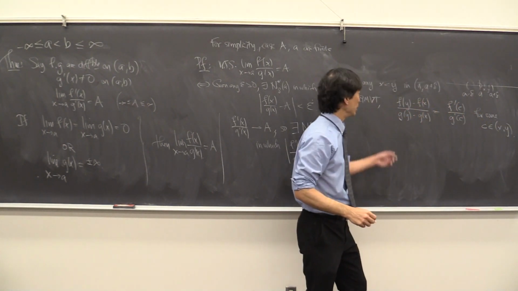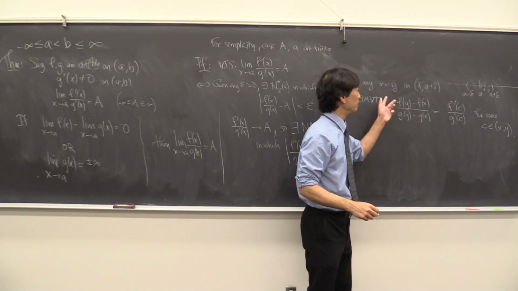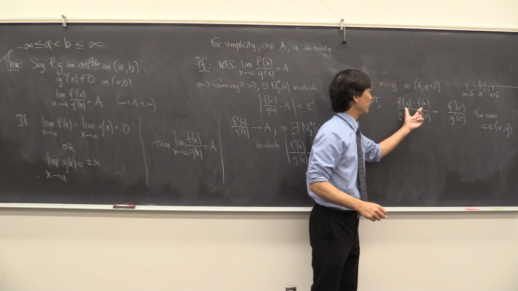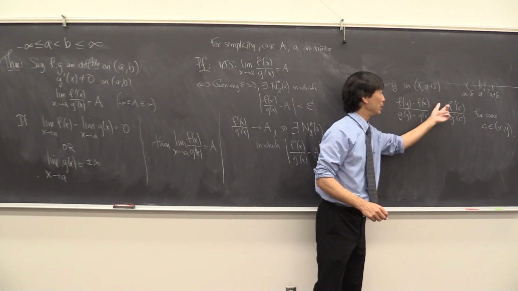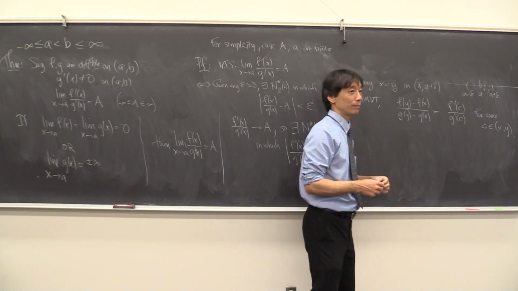That's what the generalized mean value theorem says: the quotient of the average velocities equals the quotient of the instantaneous velocities.